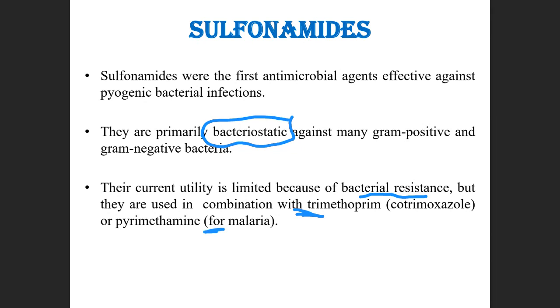When we give sulfonamide as a single drug, because of fast upcoming resistance, the bacteria can produce resistance to that particular drug very quickly. So it is given in combination with trimethoprim or pyrimethamine.